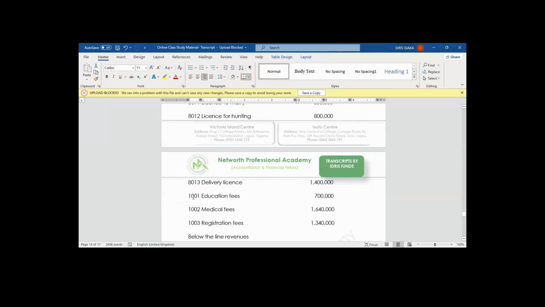All these have the same head, which is 10, while the sub-head is 01, 02, 03. That is the reason why we start from education fee, followed by medical fee, followed by registration fee. After we finish them, we cannot go to 8 when we are doing our solution. We must be careful of that.